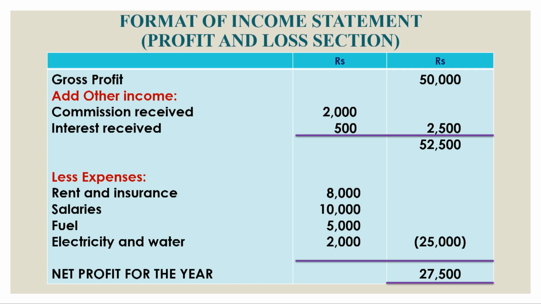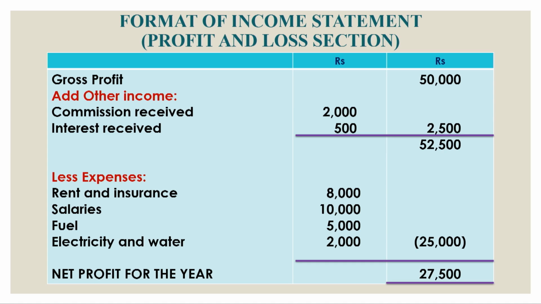Now that we've looked at the items found in the trading account and profit and loss account, let us look at the format for the last part of an income statement, that is, the profit and loss account. As you can see, the gross profit is 50,000 rupees. As mentioned earlier, other income must be added to the gross profit.